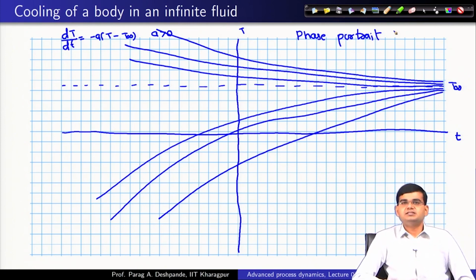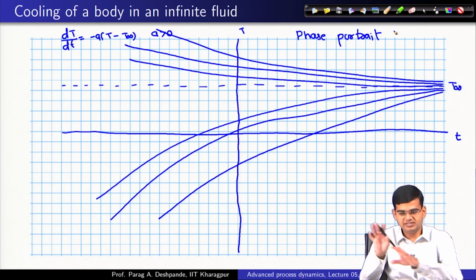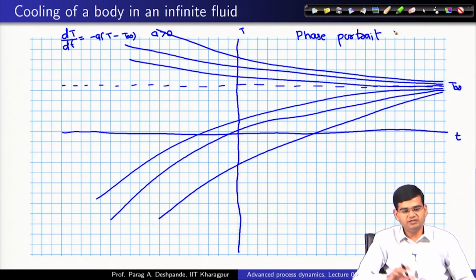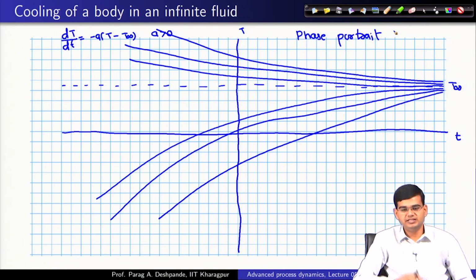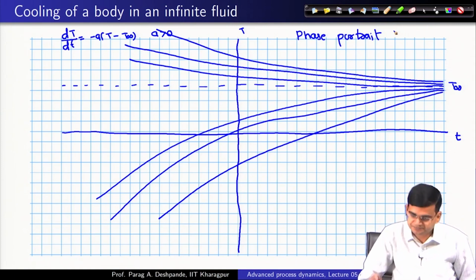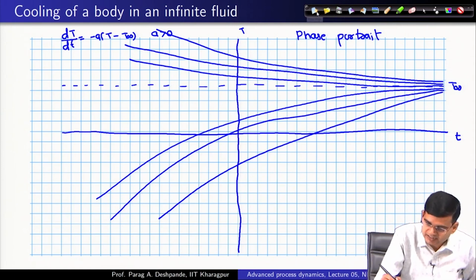Now, the question is that for a condition where A is less than 0, okay. So, imagine that there is not this particular system, but there is some system for which you have an analogous model equation and A in that case is less than 0. Then how would the phase portrait look like? Well, we can do that analysis.